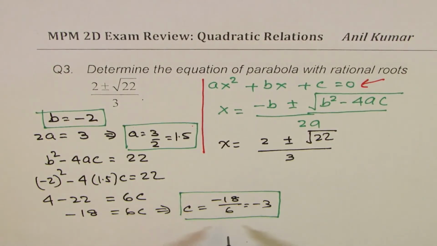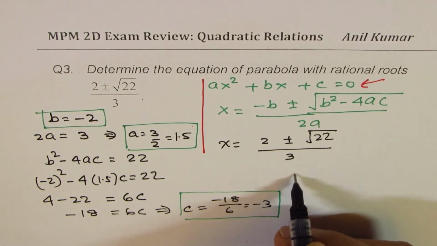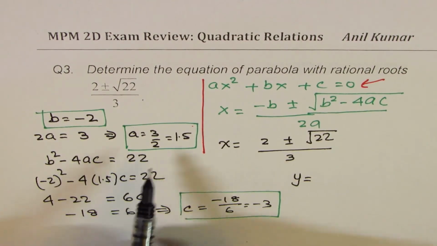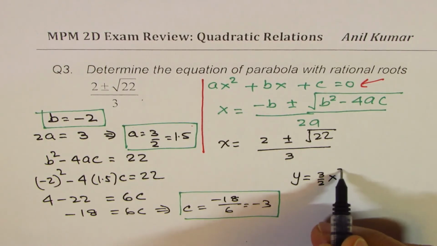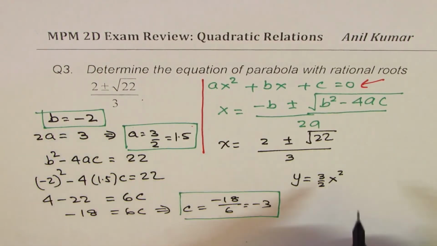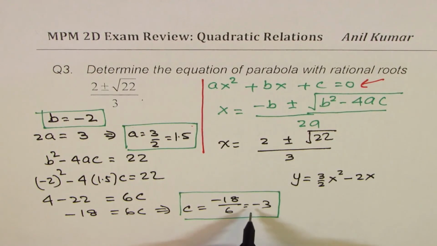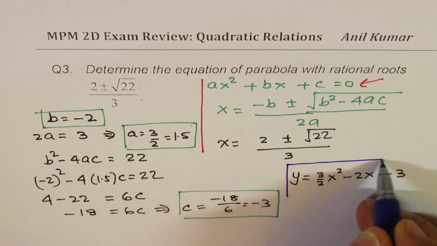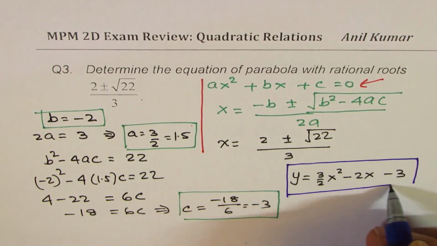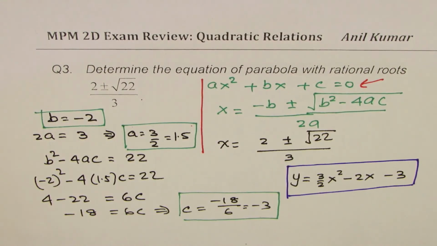Combining all this information, what we can say is that y is equal to ax square, which is 1.5, we could write 3 over 2 x square, bx, which is minus 2x, plus c, which is minus 3. Does it make sense? So that becomes the equation in the given situation. Perfect. So that is how we can actually get the quadratic equation from the roots.